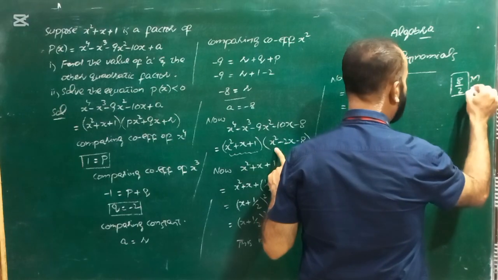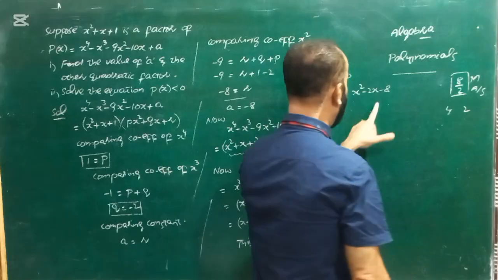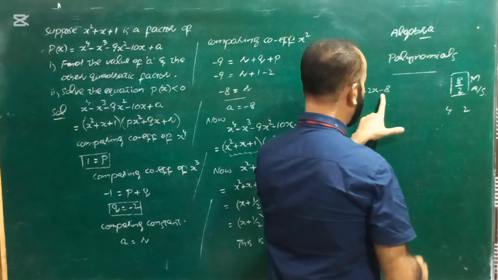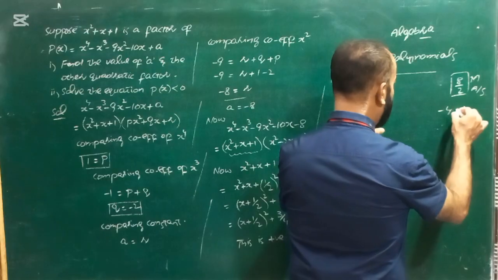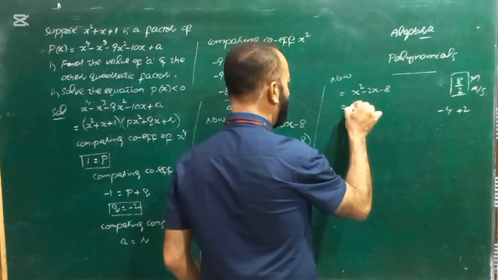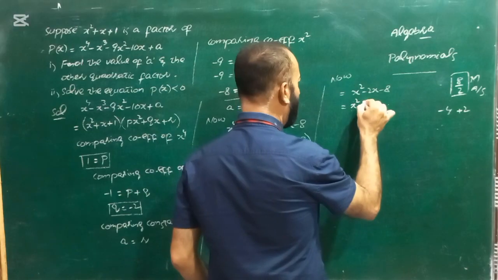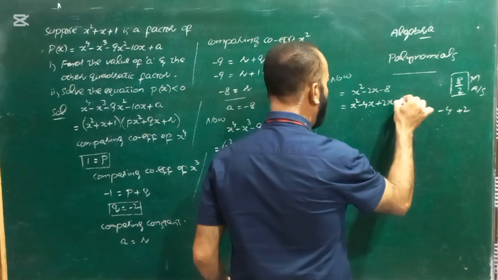Multiplication should be equal to this one, addition or subtraction should be equal to this one. So these are 4 and 2. This sign is telling us that both will have opposite signs. This shows that greater minus, lesser plus. So put these numbers over here. So x square minus 4x plus 2x minus 8.